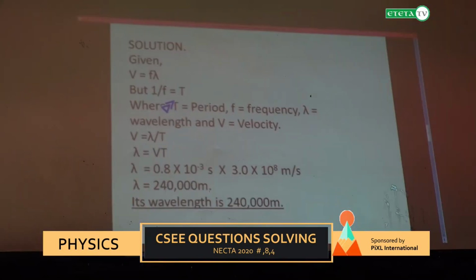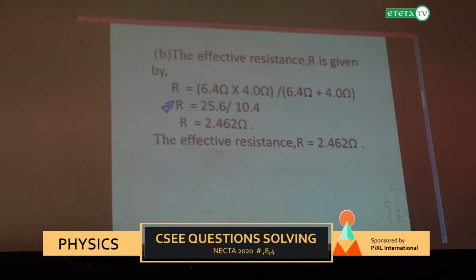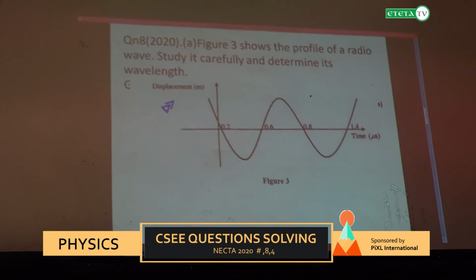Now, if you substitute and make the wavelength the subject, then wavelength is equal to velocity times the period. The question said, given that the velocity of the radio waves, which are electromagnetic waves, is known, which is 3.0 times 10 power 8.